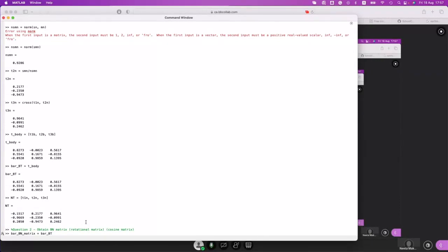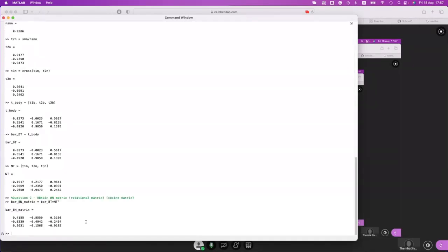Now it's a dot product. That's how you do your dot product. Then your NT, and you transpose it. Are we good? And there we go. So this is our bar Bn matrix.